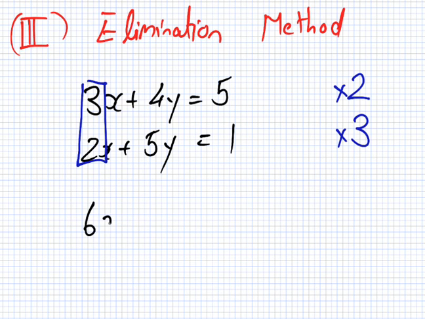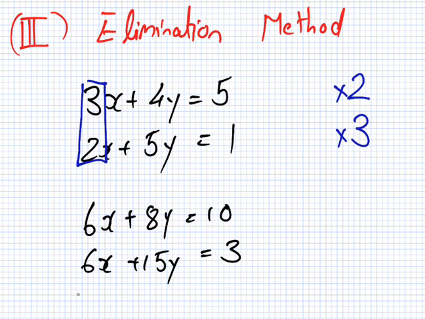So we have 6x plus 8y equals 10, and 6x plus 15y equals 3. Because I multiply everything by 2 and I multiply everything by 3. Now what you can do next, you are allowed, no actually I'll wait for you to be ready because people get confused here. Okay.